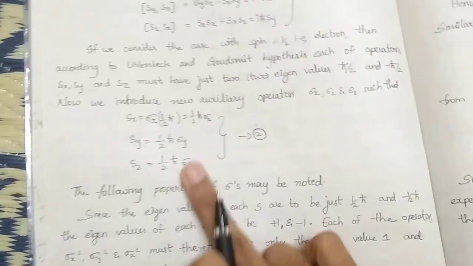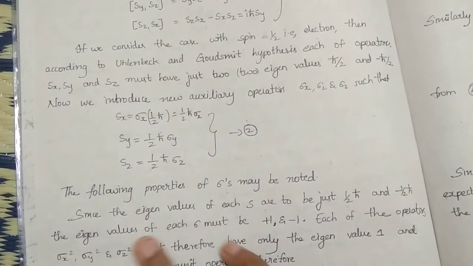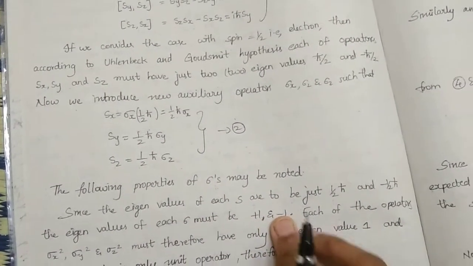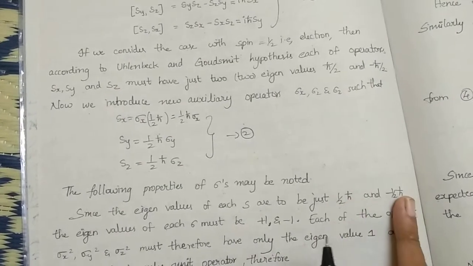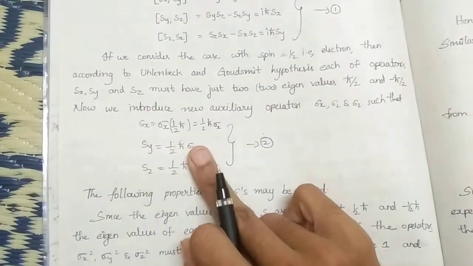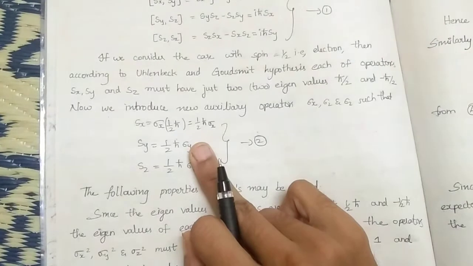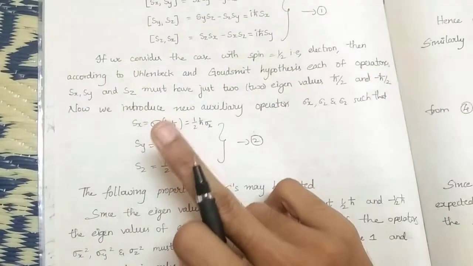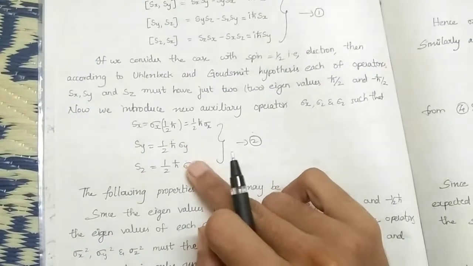On this basis we can say the eigenvalues of sigma must be plus 1 or minus 1, because we have h cut by 2 or minus h cut by 2. If we want h cut by 2, we can have 1 for sigma, and for minus h cut by 2, in the place of sigma z we can have minus 1.